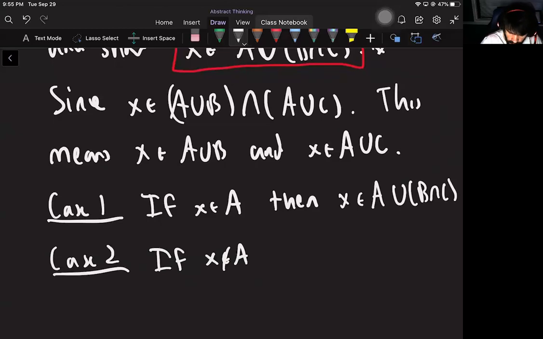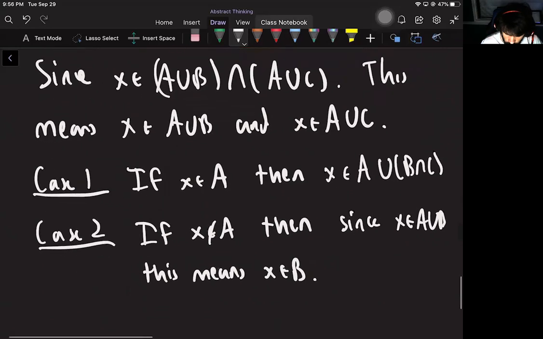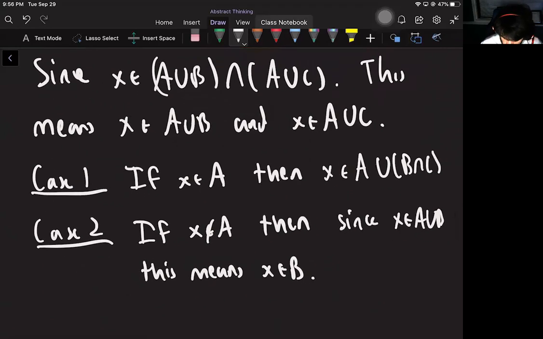So if x is not in A, but it is in the union of A and B, that means it's got to be in one or the other. This must mean that it's in B instead. So if it's in the union, but it's not in one of them, it's got to be in the other one. That's the idea.